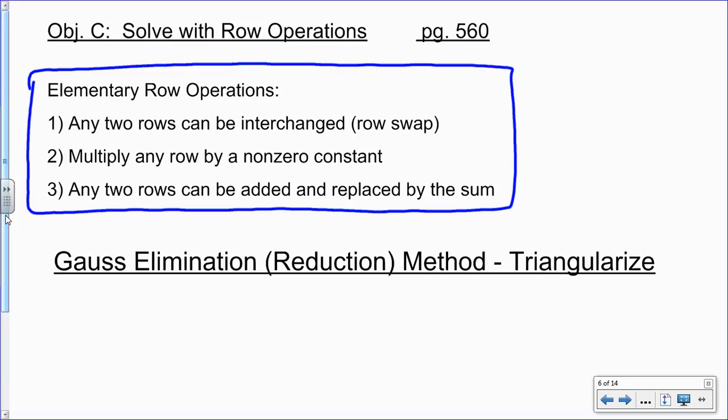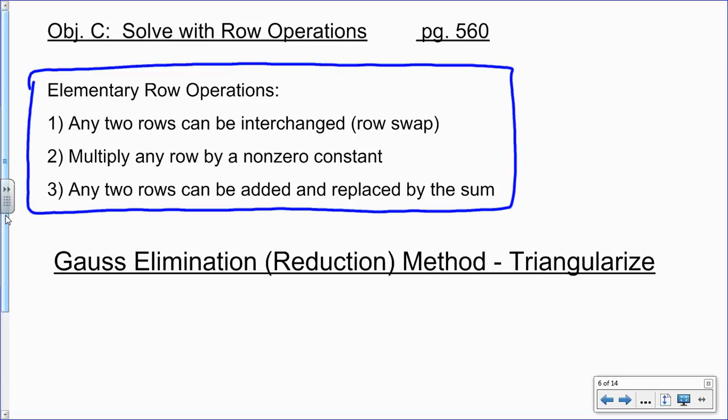So if you have a matrix, you can swap any two rows. You can change, just put the middle one on top or the middle one on bottom, top one on bottom, whatever. You can swap any two rows. You can multiply any row by a non-zero constant. So you can multiply any row by any number. And then you can add any two rows and replace one of them with that sum. So that's the elimination part.